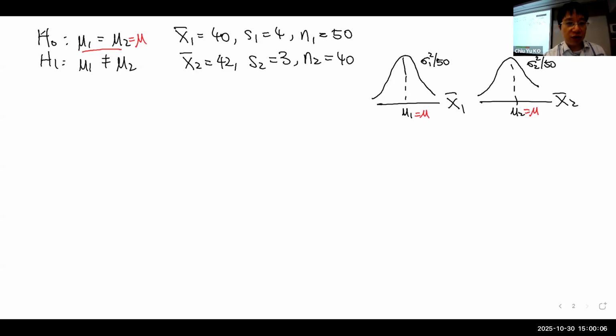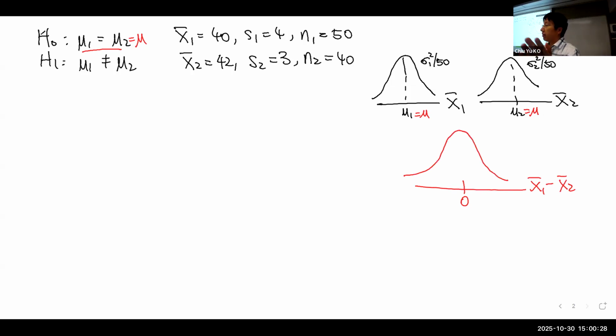So what does that mean? It means that under the null, x1 bar minus x2 bar should center at 0, because they have the same mean. And it is also a bell curve, because remember, bell minus bell is still a bell. The variance is sigma1 square over 50 plus sigma2 square over 40.